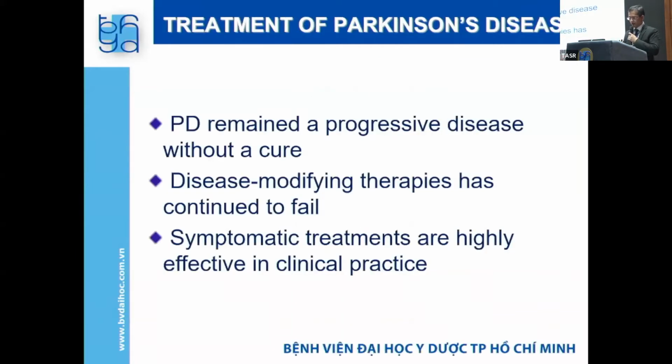We move on to the treatment of Parkinson disease. As you know, Parkinson disease still remains a progressive disease without a cure, and disease modifying therapy has continued to fail. Symptomatic treatments are highly effective in clinical practice.